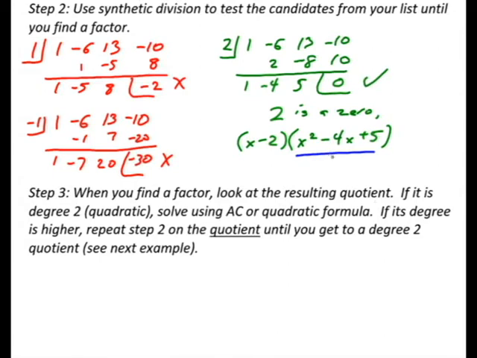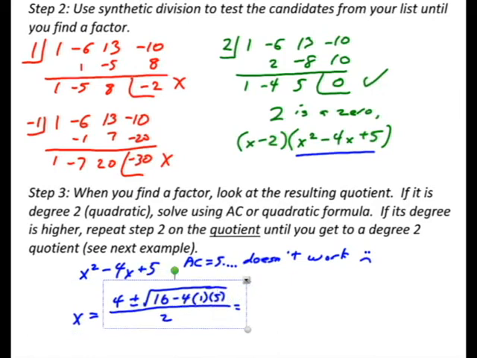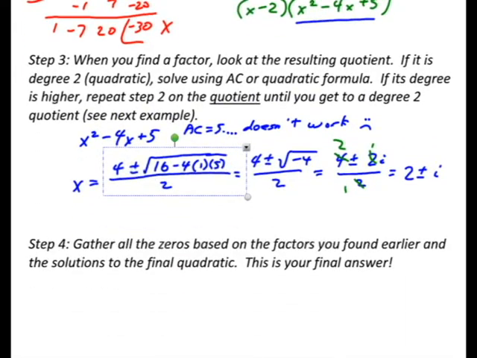For now, we'll just solve this quadratic, and then we'll pretty much be done. So yes, we can have complex zeros. That's okay.